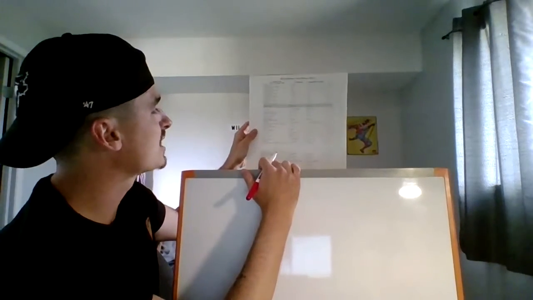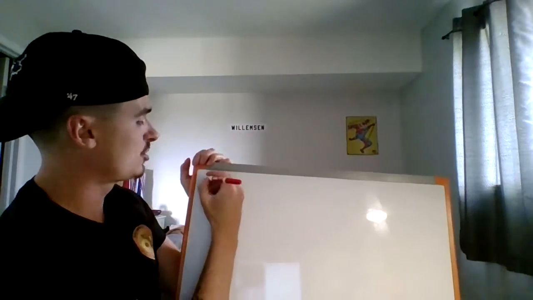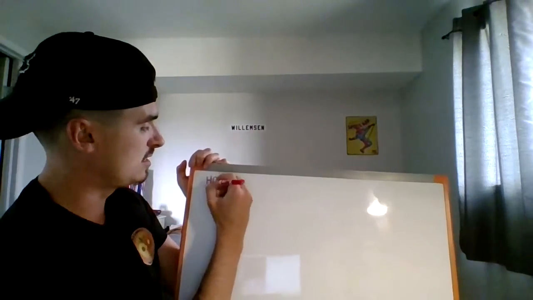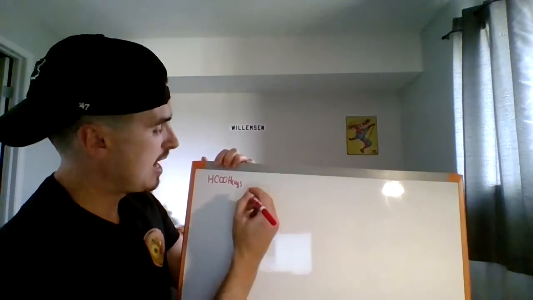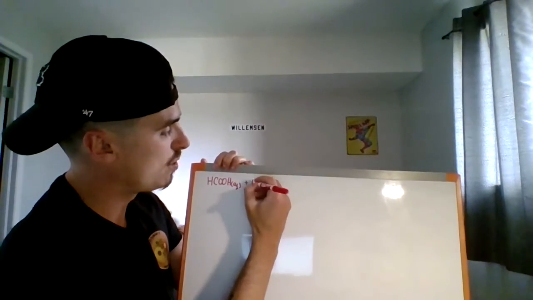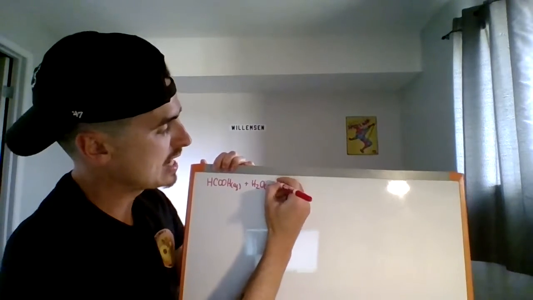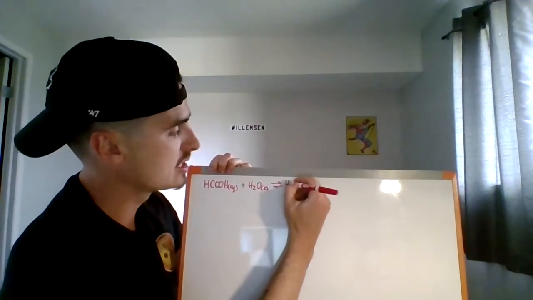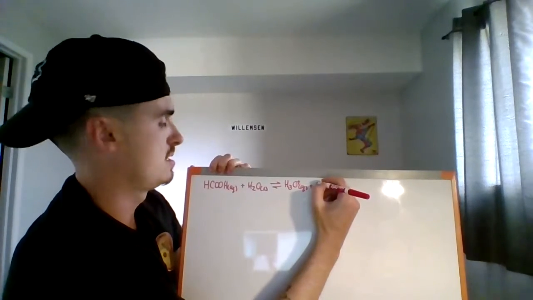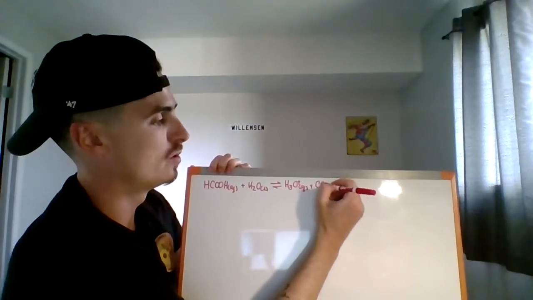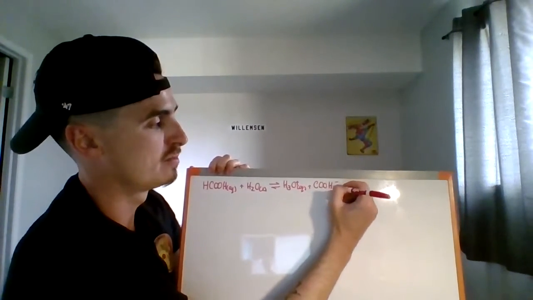Here they give it to us: HCOOH. And we are going to react that with water. It's a weak acid, double arrows, ionizes to produce hydronium and HCOO minus.